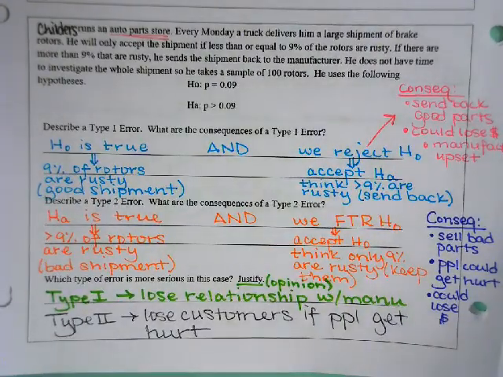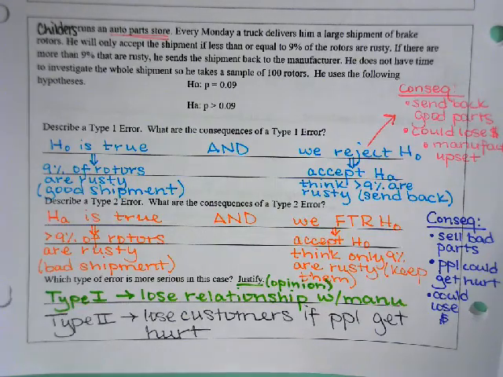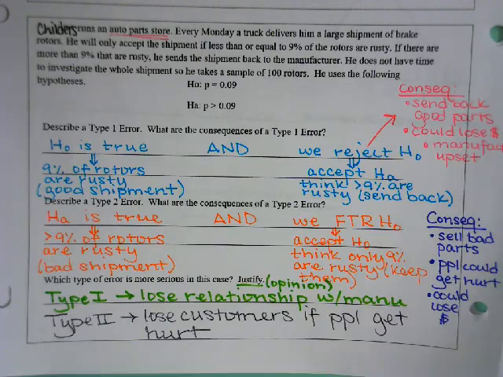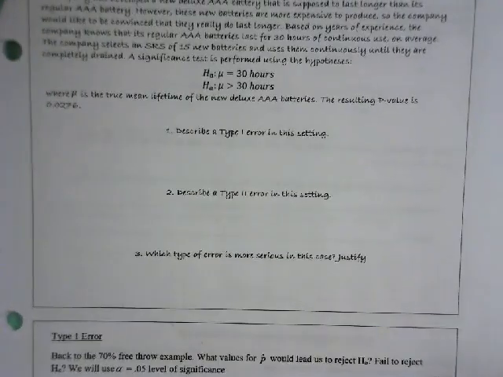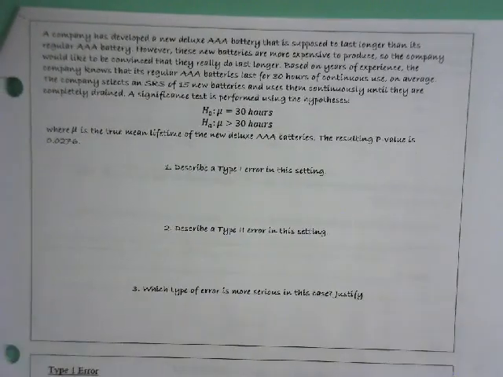All right, you guys are gonna flip the paper over and you're gonna try one on your own. This time, the situation is a company that has developed a new deluxe AAA battery that is supposed to last longer than its regular AAA battery. However, these new batteries are more expensive to produce, so the company would like to be convinced that they really do last longer.